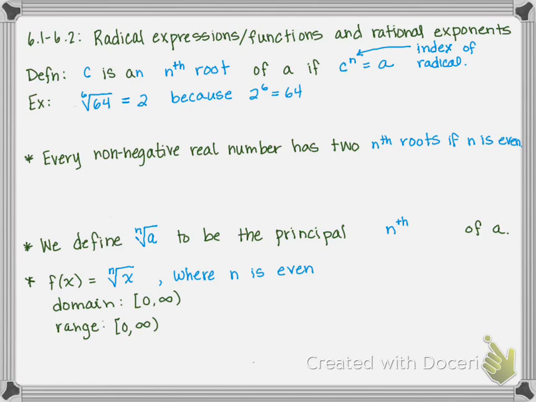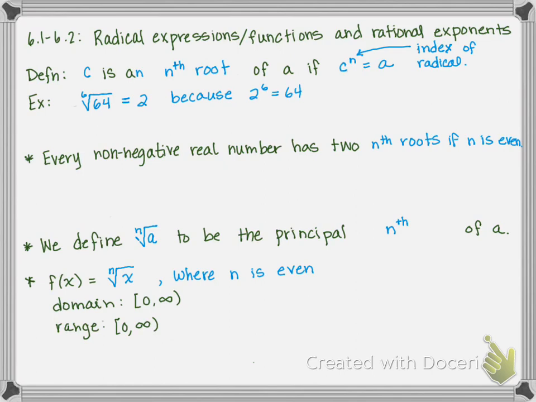So it's a little bit of an adjustment because we're pretty used to every time we see the radical thinking of the square root. But you want to remember that that's only if the index is 2. So as soon as we change the index, that radical isn't a square root anymore. It's a 4th root or a 5th root or a 6th root or a 7th root. So all of this is true for even roots.